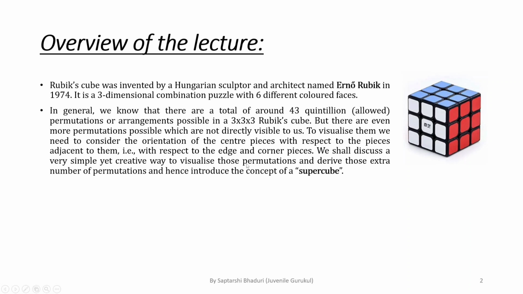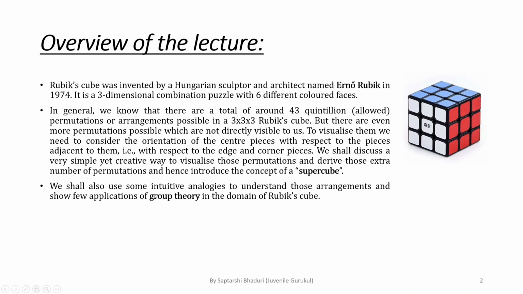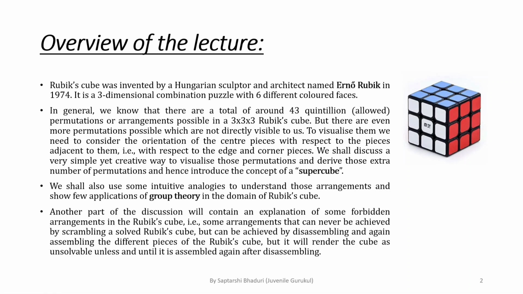We shall also discuss a very simple yet creative way to visualize those permutations and derive those extra number of permutations, and hence introduce the concept of a supercube. And we will also use some intuitive analogies to understand those arrangements and show few applications of group theory in the domain of Rubik's Cube.